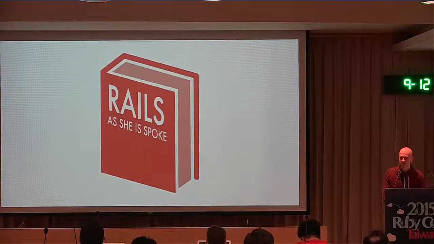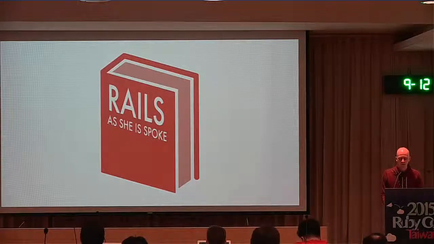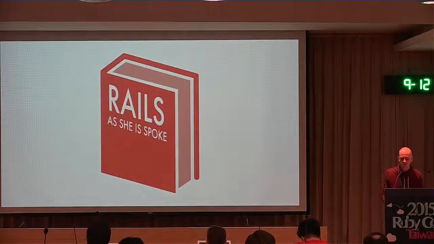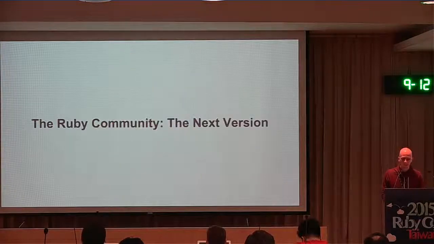It's called Rails SGE Spoke. And it does a great job highlighting, without in any way being judgmental, where Rails sort of deviates from object-oriented principles and conventional wisdom, and why it sort of gets away with it anyway.